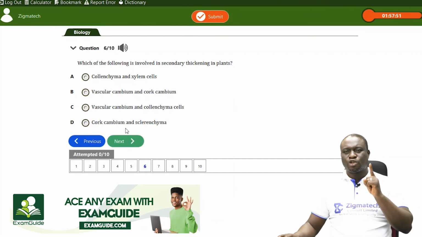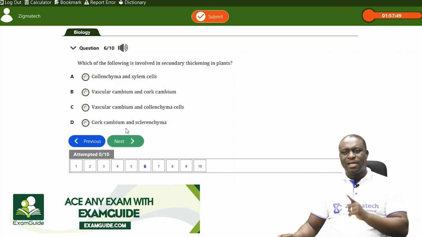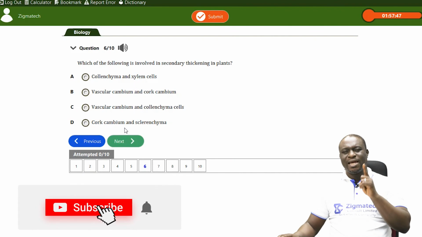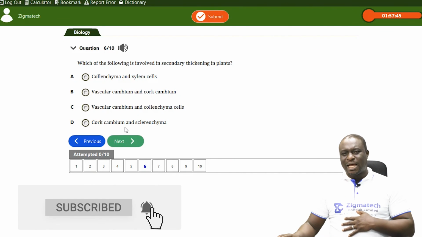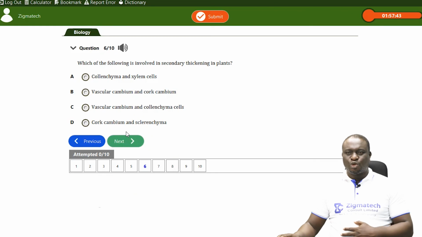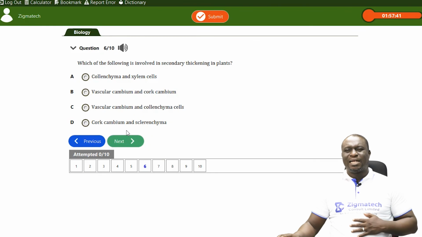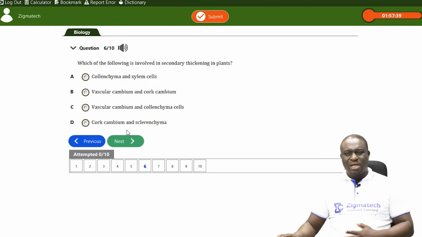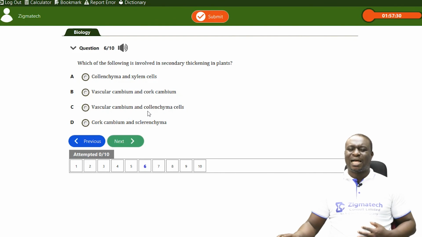They said, which of the following is involved in secondary thickening in plants? And the correct answer is the vascular cambium and cork cambium. It can be vascular cambium, which is option C, vascular cambium and Collenchyma cell. No, Collenchyma cells has nothing to do with secondary thickening.